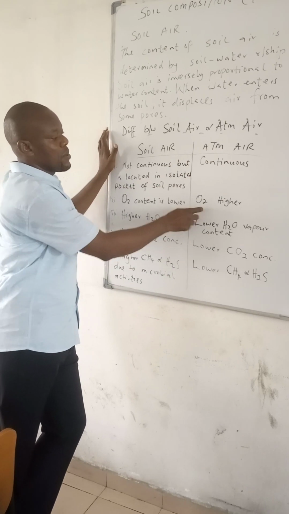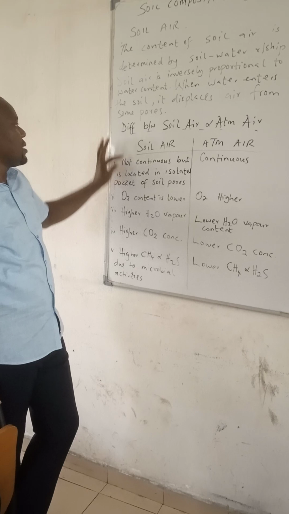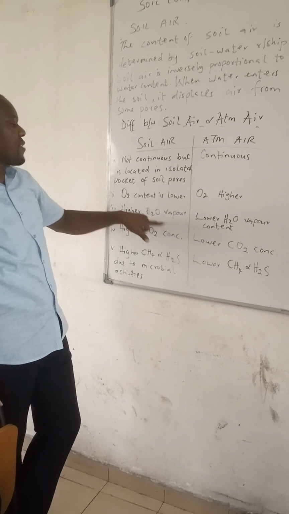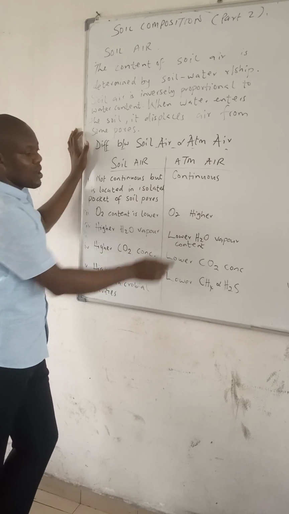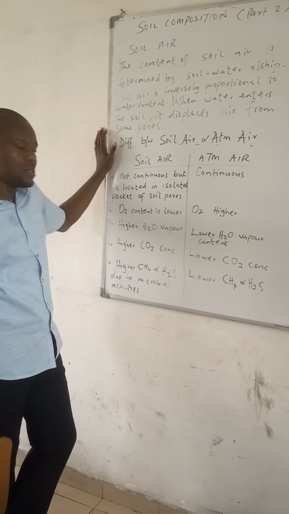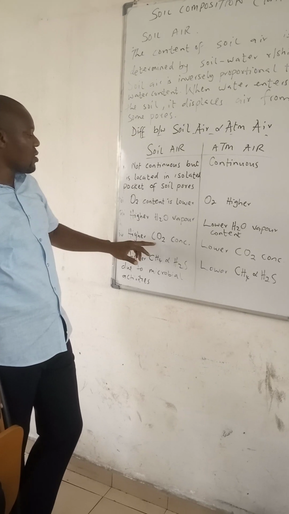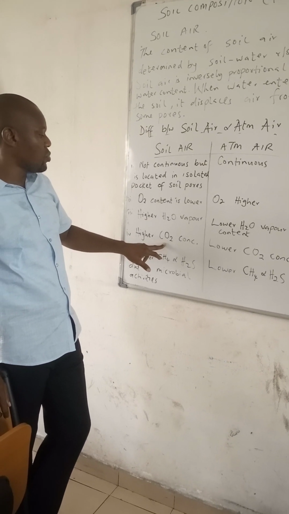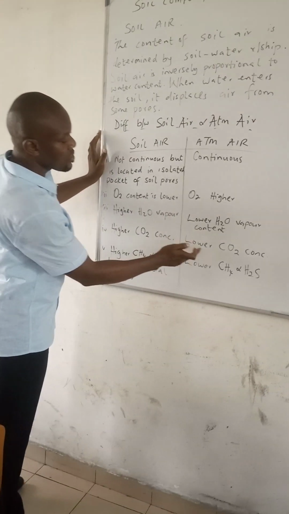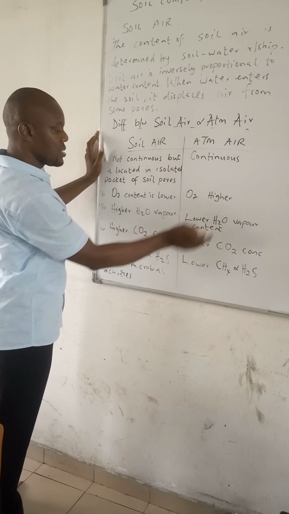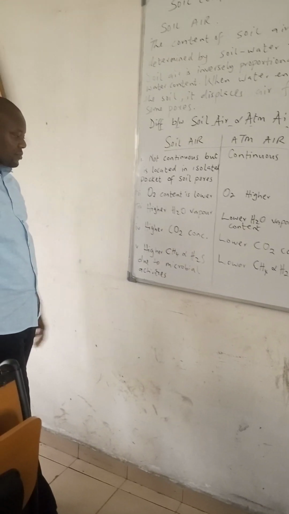air, where we have higher oxygen content. Now, in soil air, we have higher water vapor content, whereas atmospheric air has lower water vapor content. Soil air has higher CO2, that is the carbon dioxide concentration, whereas the concentration of carbon dioxide in atmospheric air is lower than that of soil air.